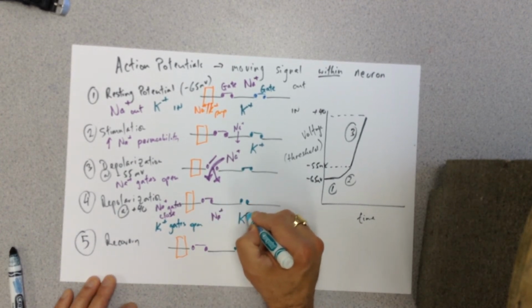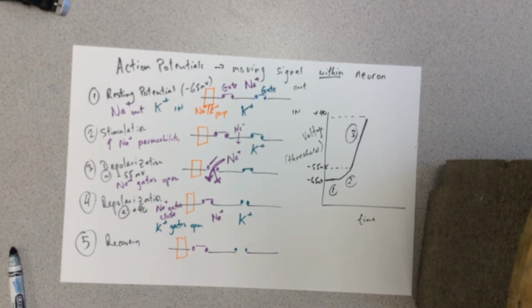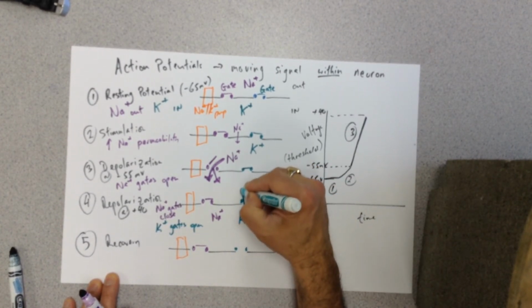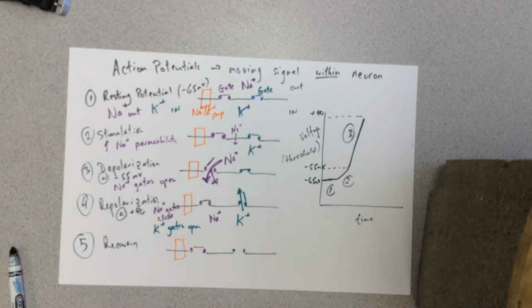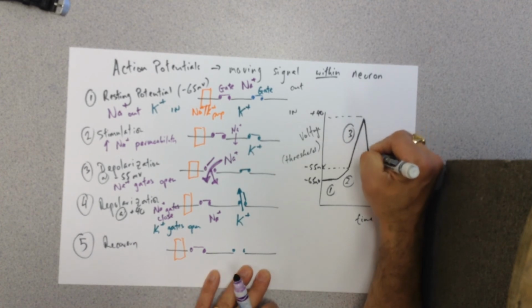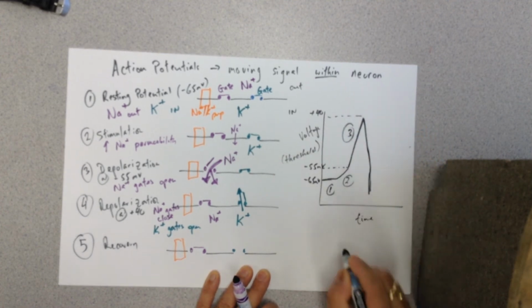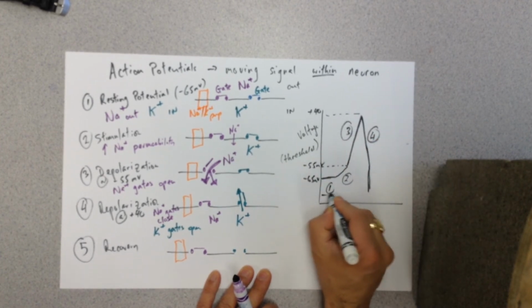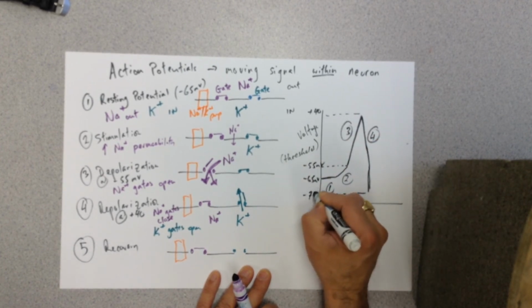We also have potassium on the inside where it normally is. This gate is now open, so potassium is going to exit the cell. We have lots of positive charge on the inside at plus 40 millivolts, we lose a lot of positive charge, so the voltage drops back down. That's number 4, and it drops back down until it hits about -75.